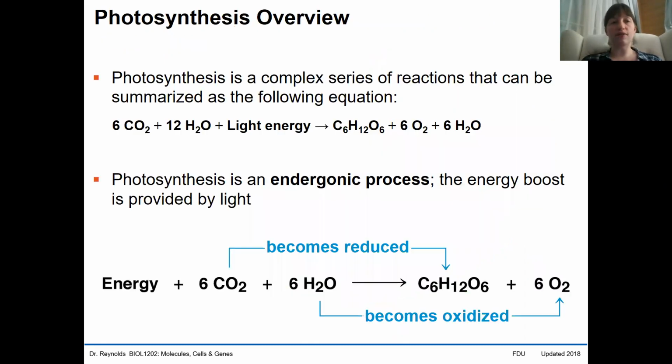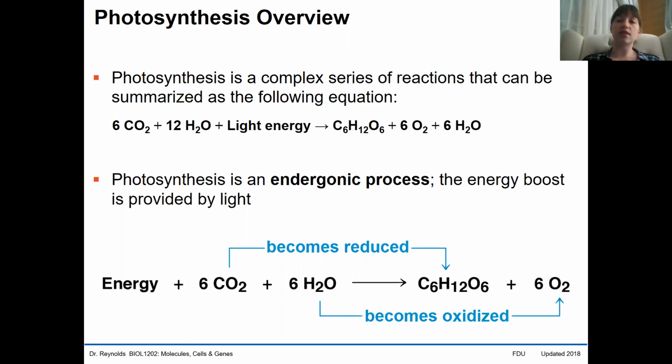When we take a look at photosynthesis, this is a complex series of reactions summarized as the following, where energy, carbon dioxide, and water are the reactants of this reaction, and these become converted into glucose and oxygen. If you were to flip this arrow, you would see the exact chemical reaction which summarizes cellular respiration.